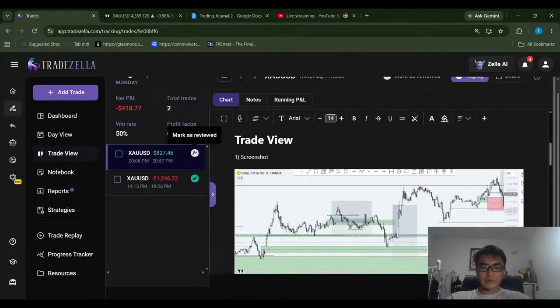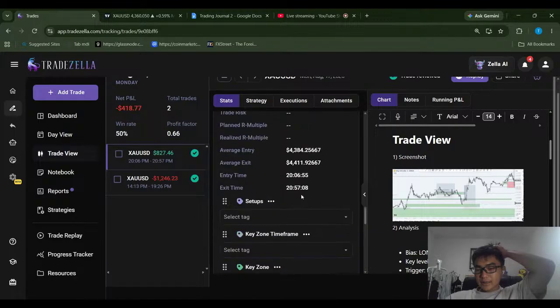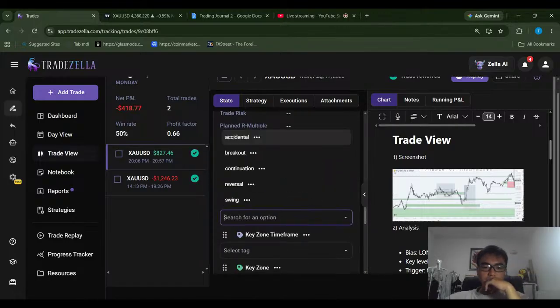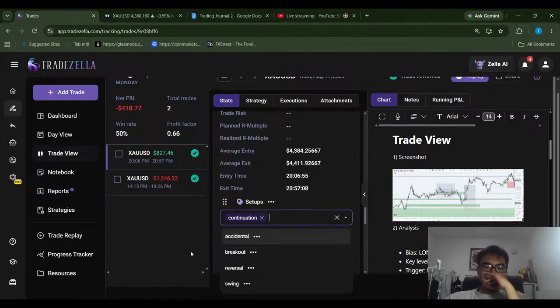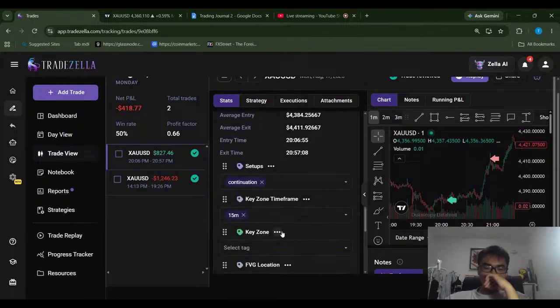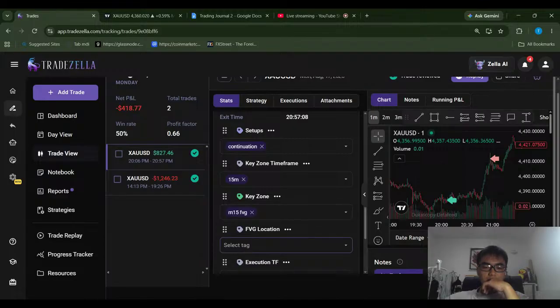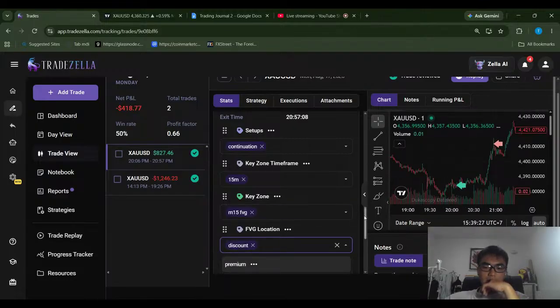I will check the trade. After this trade, I need to get some water. This is the continuation. The key zone, the same 15-minute time frame for the key zone. 15-minute FVG, in the discount.